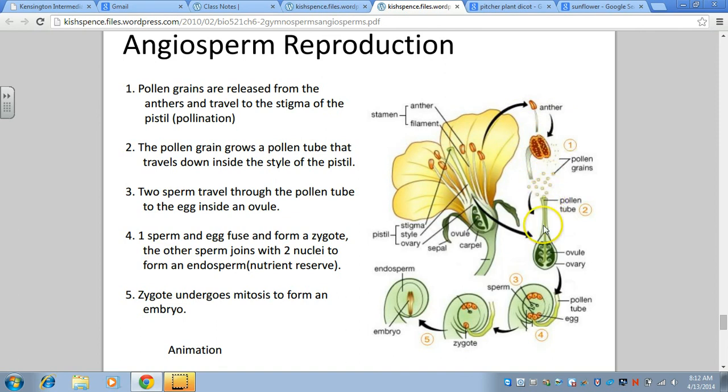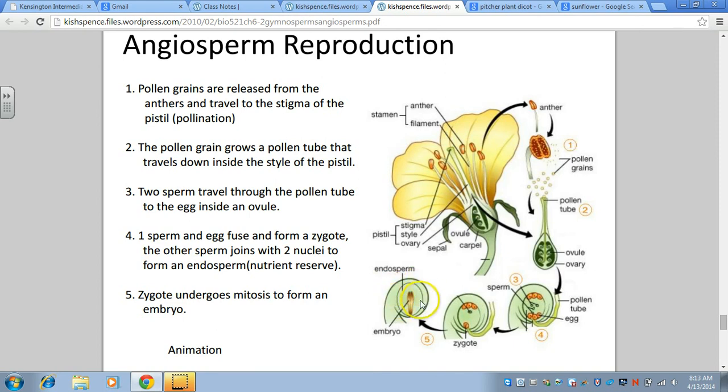They'll form a pollen tube. The two sperm are going to travel down into the ovule and find the eggs. So here is an egg. Here are the two sperm. They're going to fertilize one of the eggs to make a zygote, and they'll fuse with other cells that are there to form the foodstuff, which we call the endosperm.